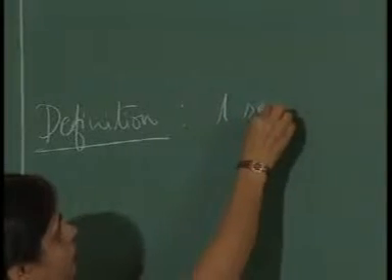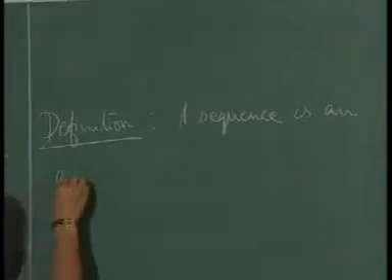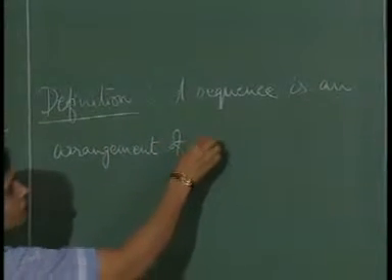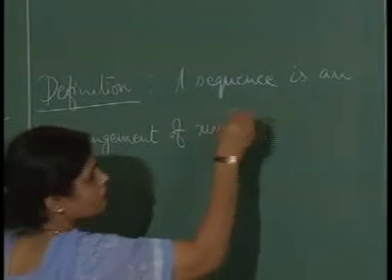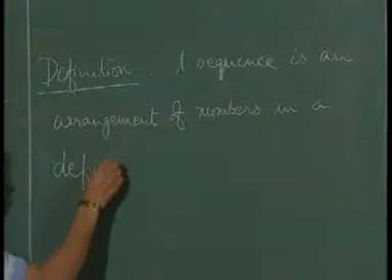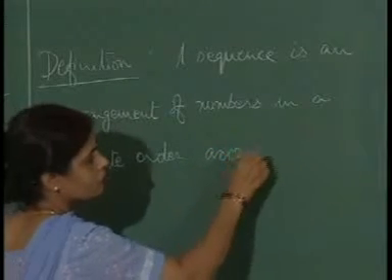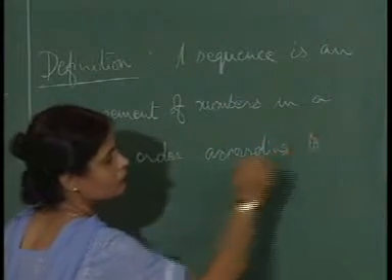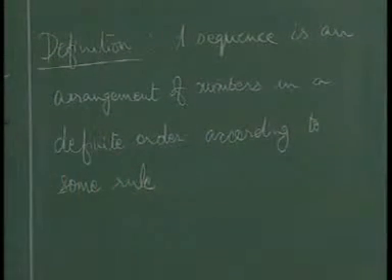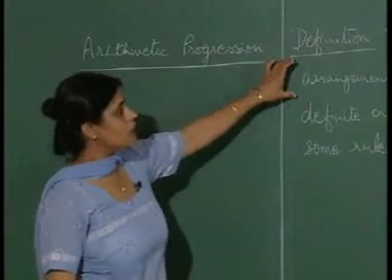A sequence is an arrangement of numbers in a definite order according to some rule. So the order is important and this rule is important, and we have a sequence of numbers.